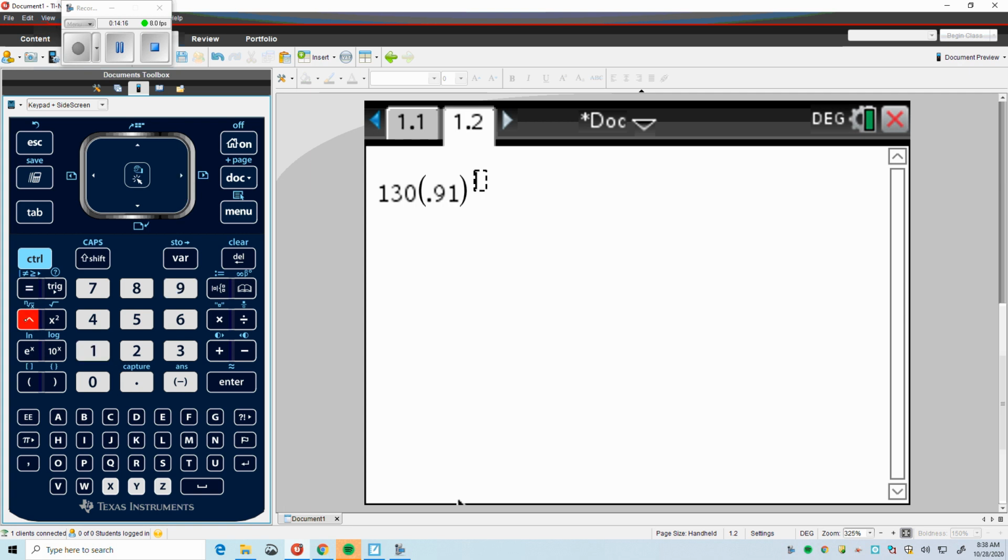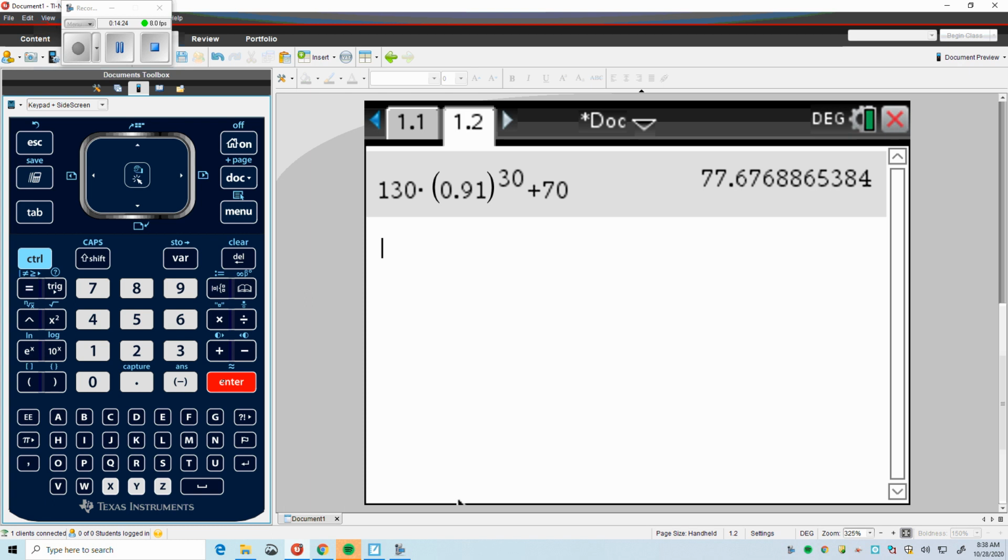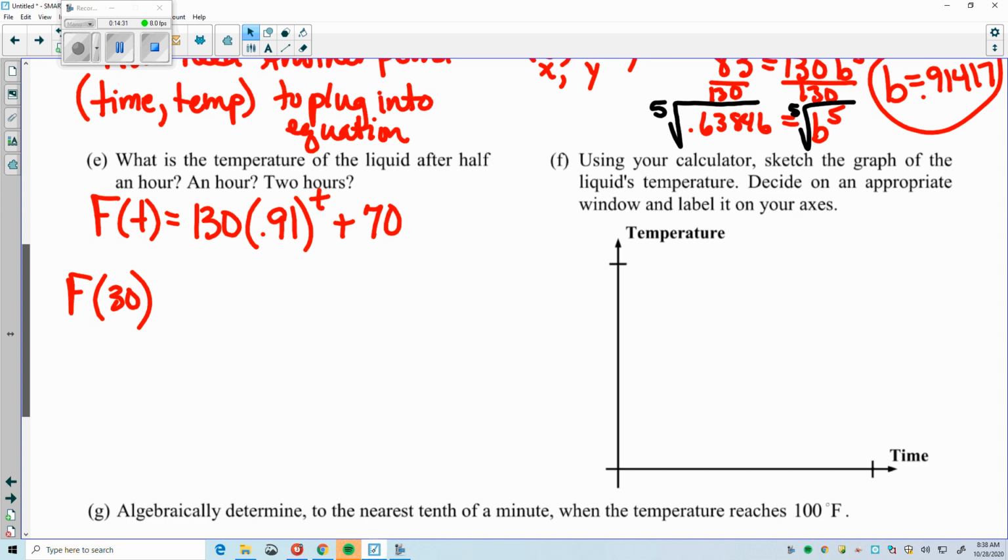Raise that to the t. Our t in this case, if it's half an hour, is 30 minutes. I'm going to arrow over and add in the 70. So at 30 minutes, I get 77.677. So that would give us a coordinate if I'm thinking of this.